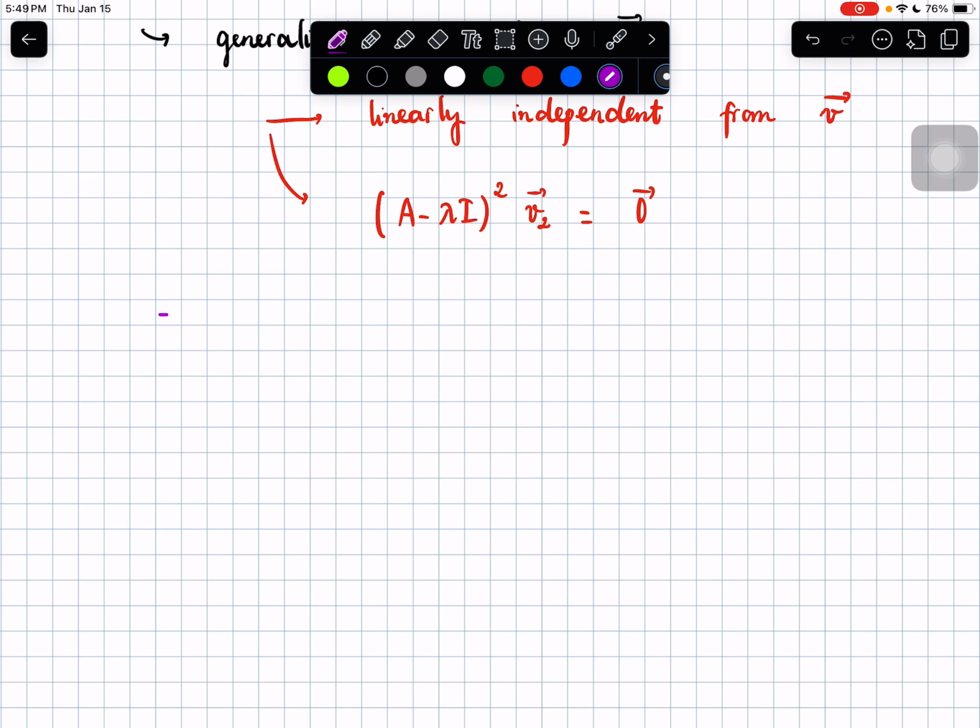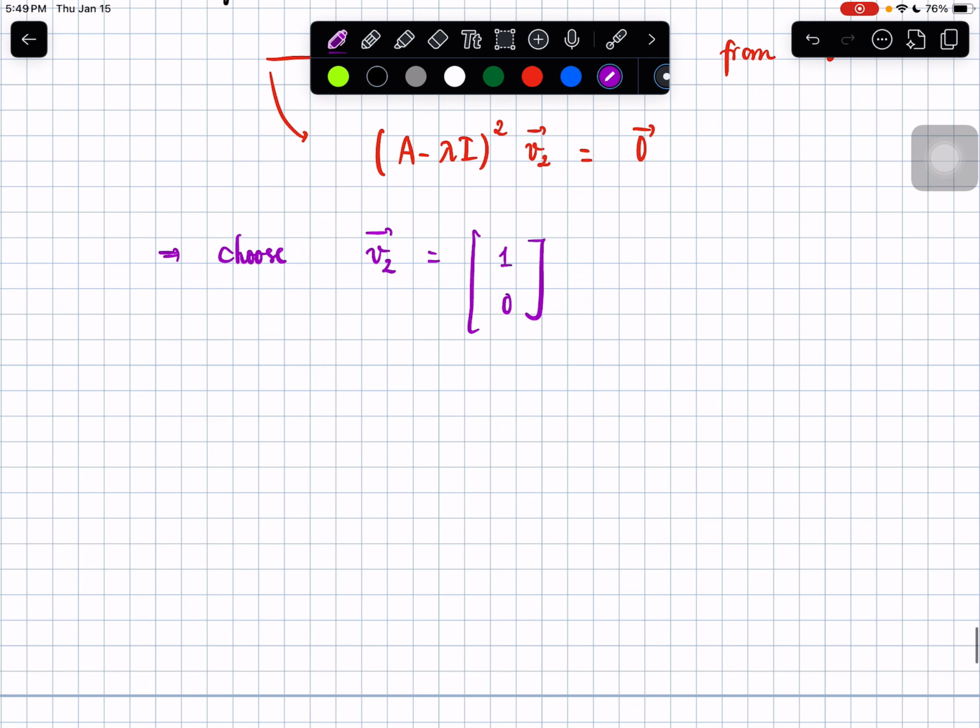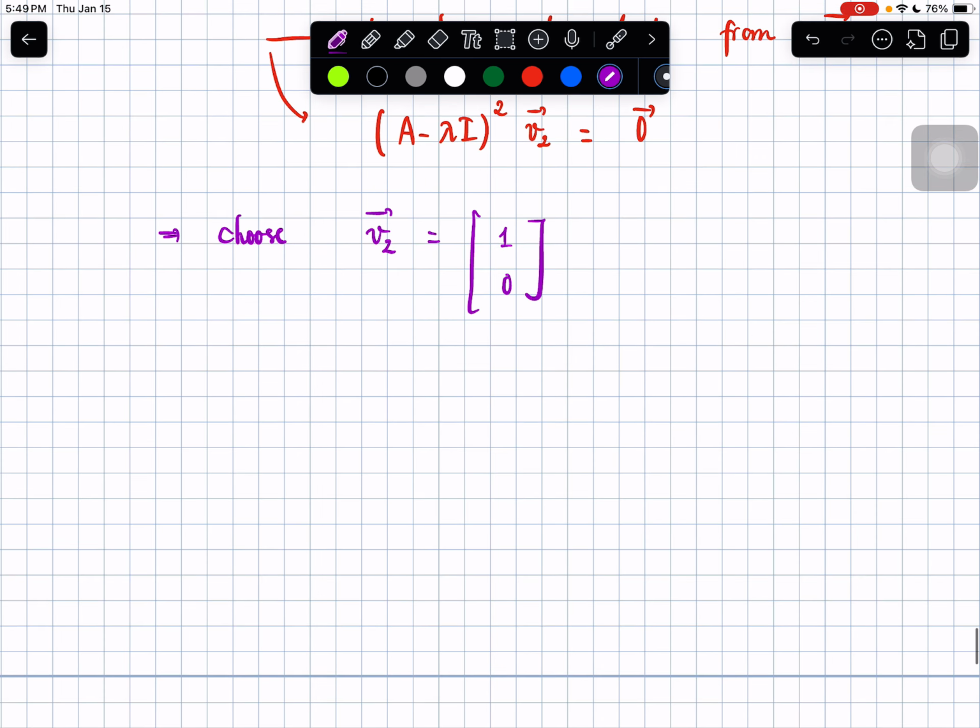So we choose V2 to be the simple one, 1, 0. So we have V2, the generalized one.